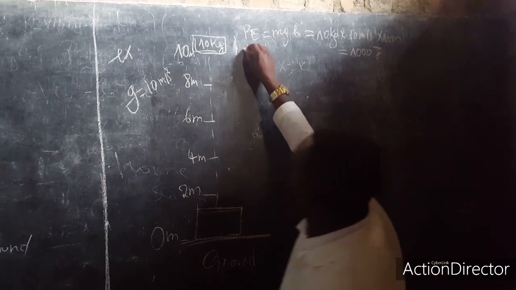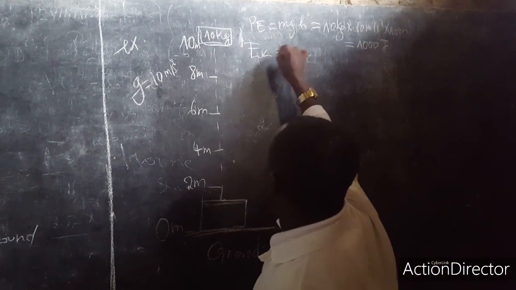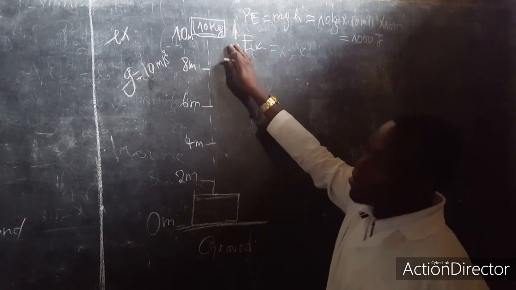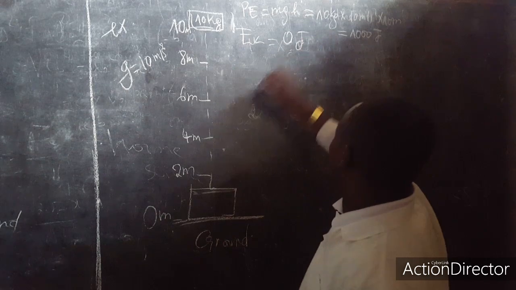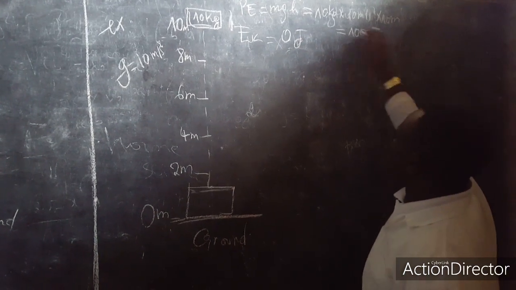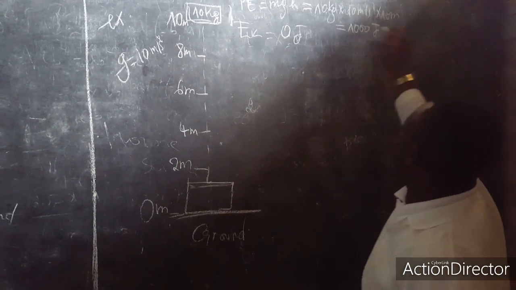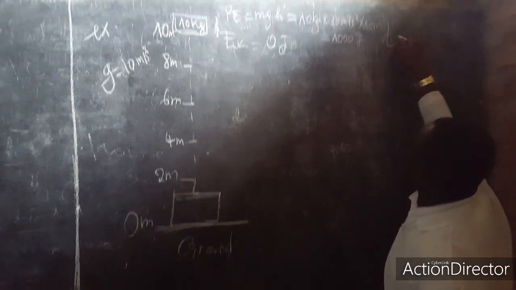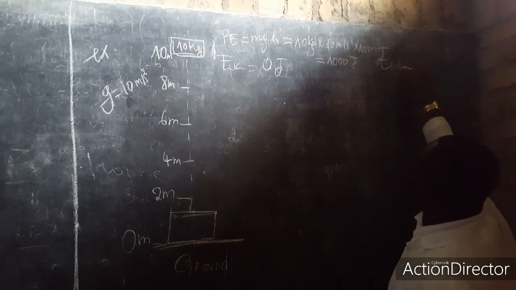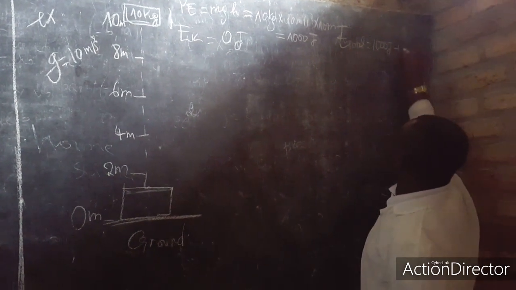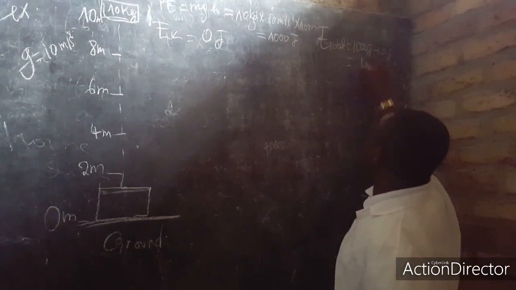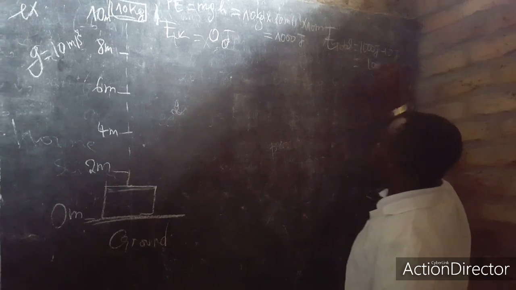At this point, as the object is at rest, the velocity is 0, so kinetic energy is 0 joule. When we take the summation, total energy will be 1,000 joule plus 0 joule, which is 1,000 joule.